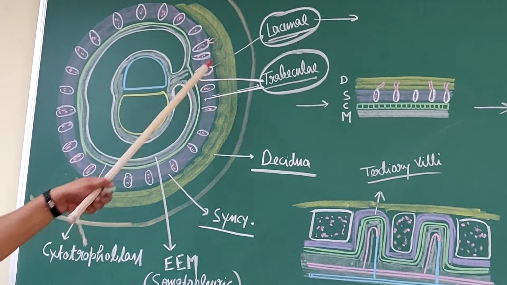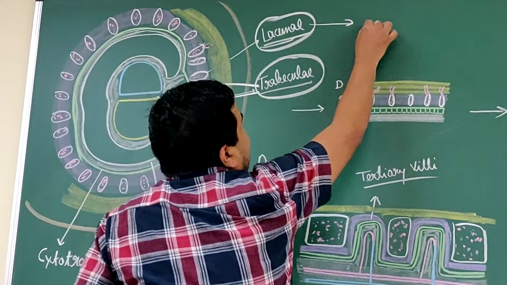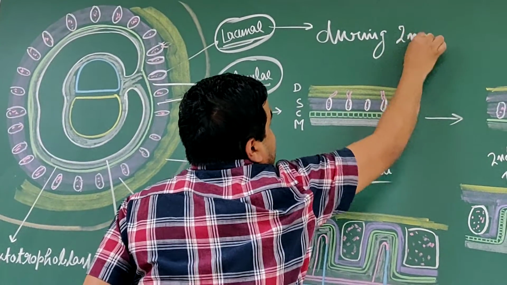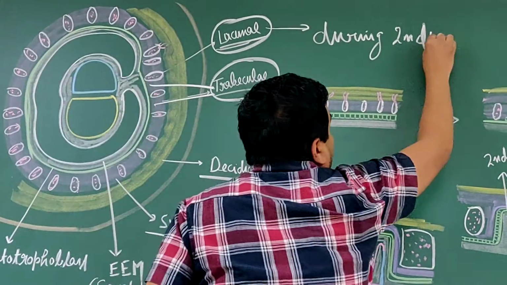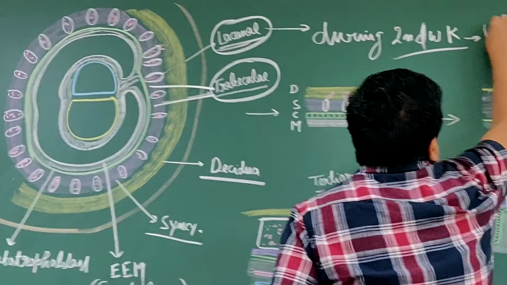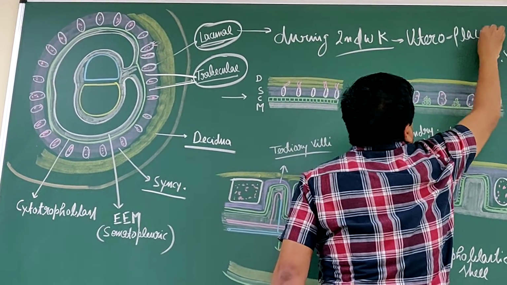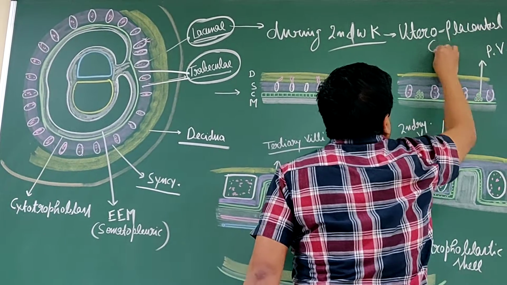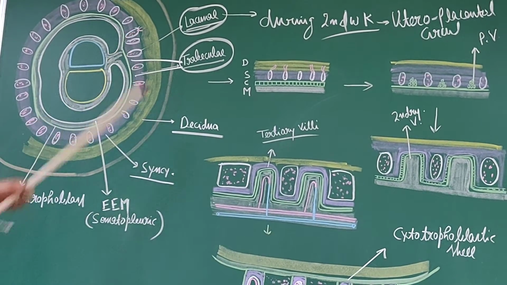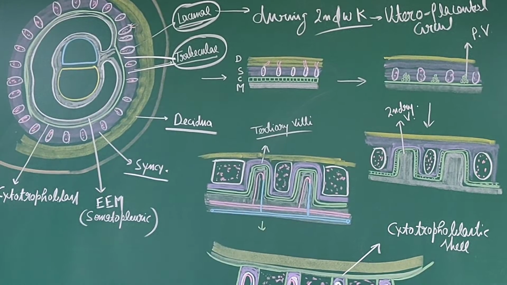That is known as the embryotroph. And during the 2nd week of development, there is a beginning of the uteroplacental circulation, when these lacunae are filled with fluid and they provide nutrition to this embryonic disc.